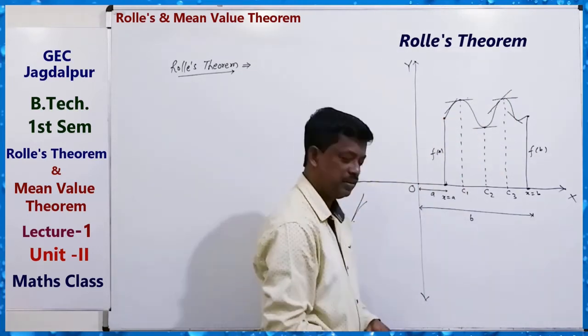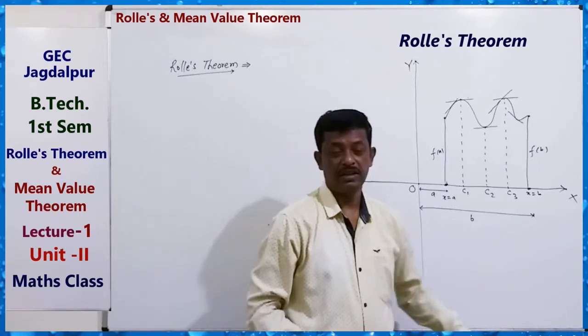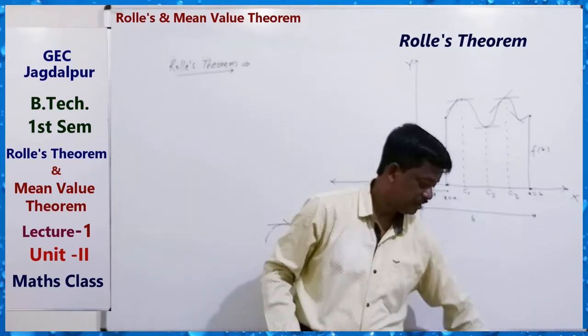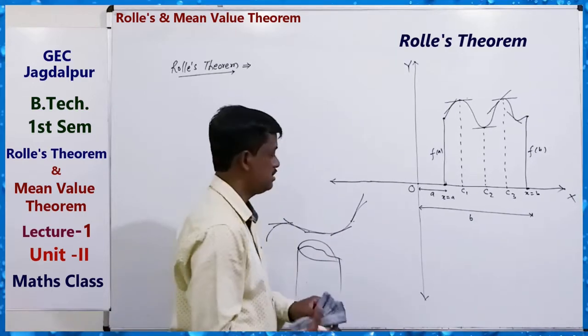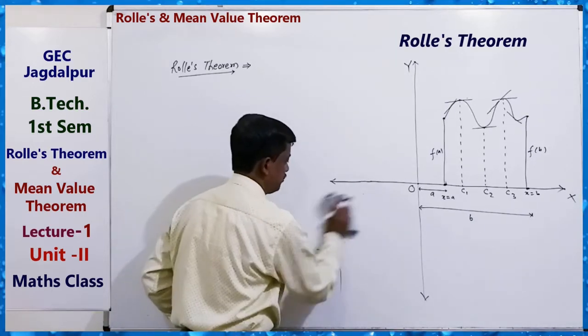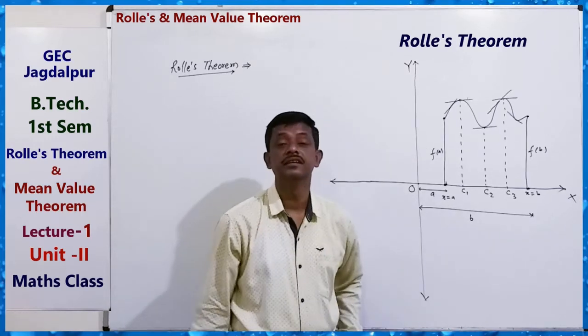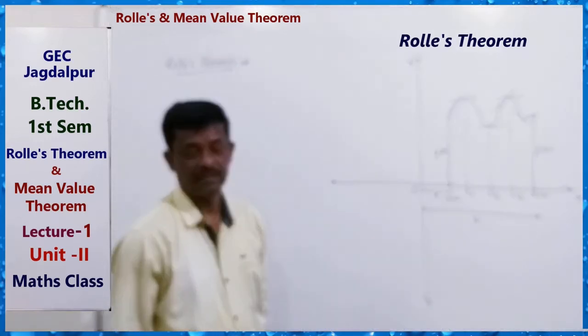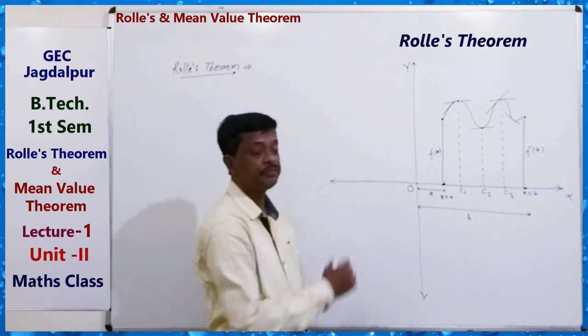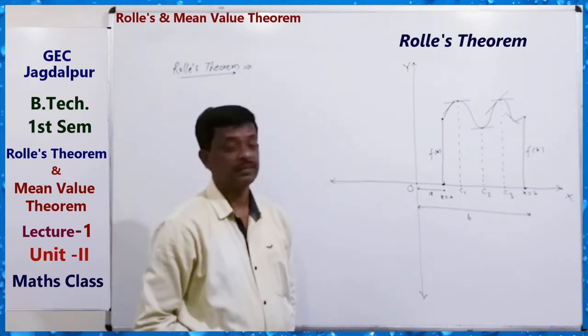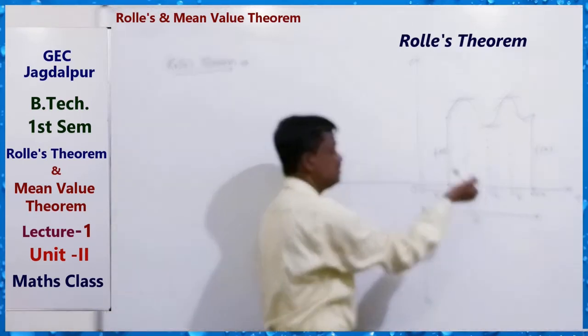And we know the slope of a line parallel to the x-axis is what? 0. The slope of a line parallel to the x-axis is 0.